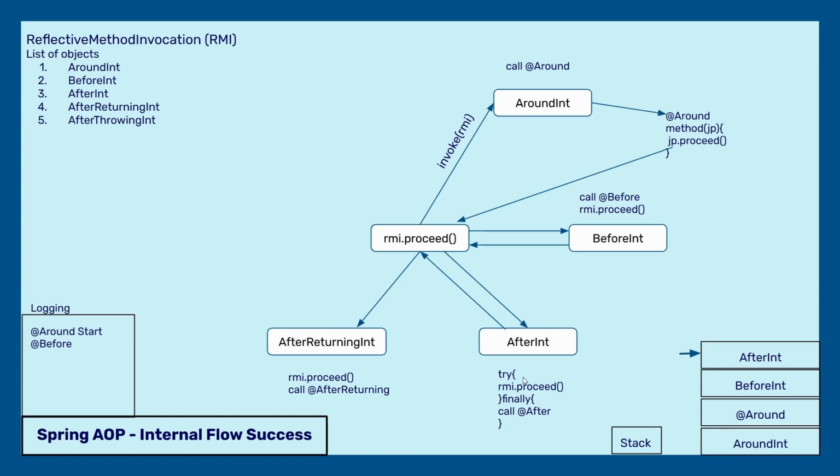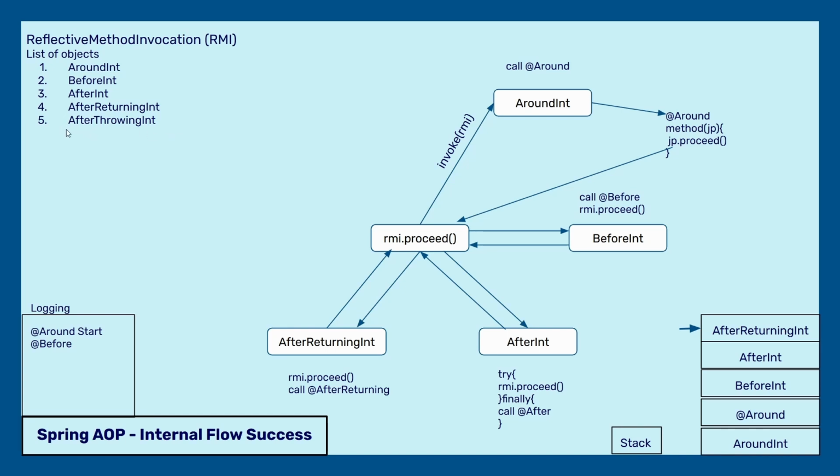The same case takes place here as well, and here. We just want to propagate the exception if there is some exception. Now since rmi.proceed is called, what happens? The proceed is called back, and our after returning interceptor goes to the stack.